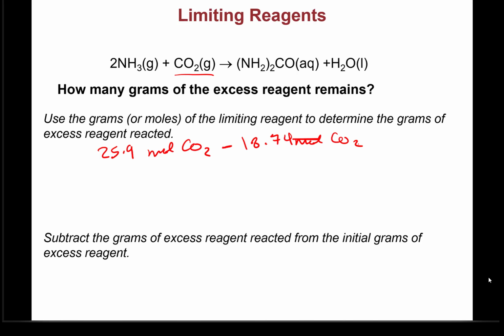That means that if you subtract the amount that reacted from the initial amount that were there, you will get the remaining number of moles of carbon dioxide, which is going to be 7.15 moles of carbon dioxide remaining. And then you can just simply convert moles of carbon dioxide to grams using the molar mass.